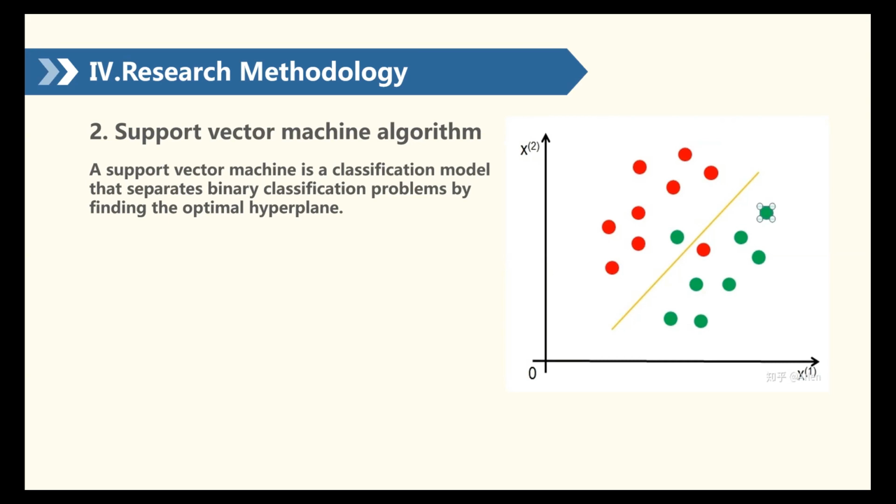Two hyperplanes parallel to each other are built on either side of the hyperplane separating the data. The separation hyperplane maximizes the distance between the two parallel hyperplanes.